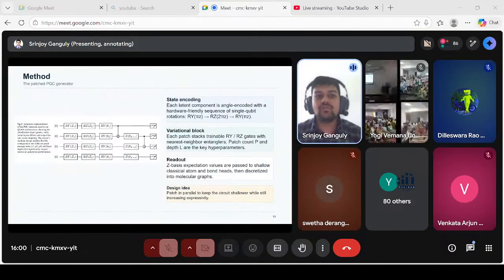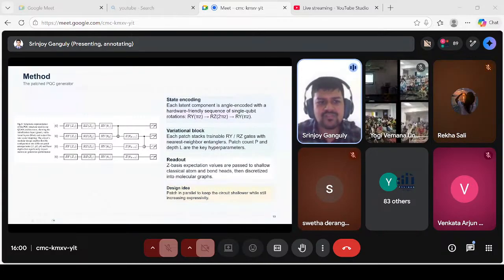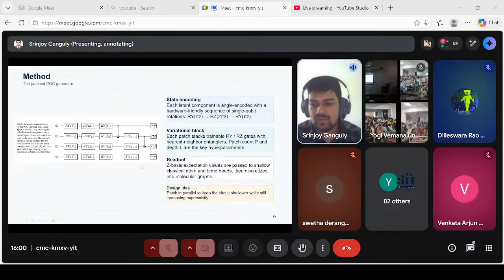So as I mentioned, we have patched parameterized quantum circuits. And this is one of the structures that we use in our research. It's a very standard sort of parameterized quantum circuit. Dr. Aswath might have already covered these concepts. But in a parameterized quantum circuit, you have gates which can be modified by the user.